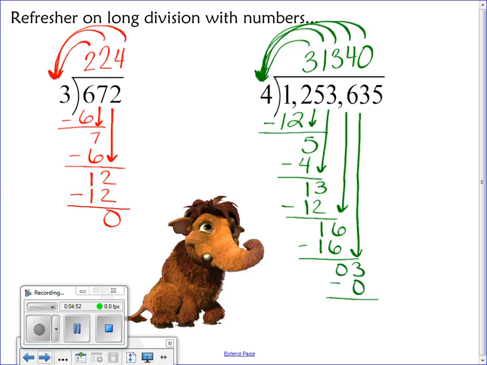We subtract. We get 3. Drop down the next number. How many times does 4 go into 35? 8. We multiply. 8 times 4 is 32. And then we subtract, and we get 3. There's nothing left to drop down, but I didn't get a 0 at the end. What do I do with the 3?